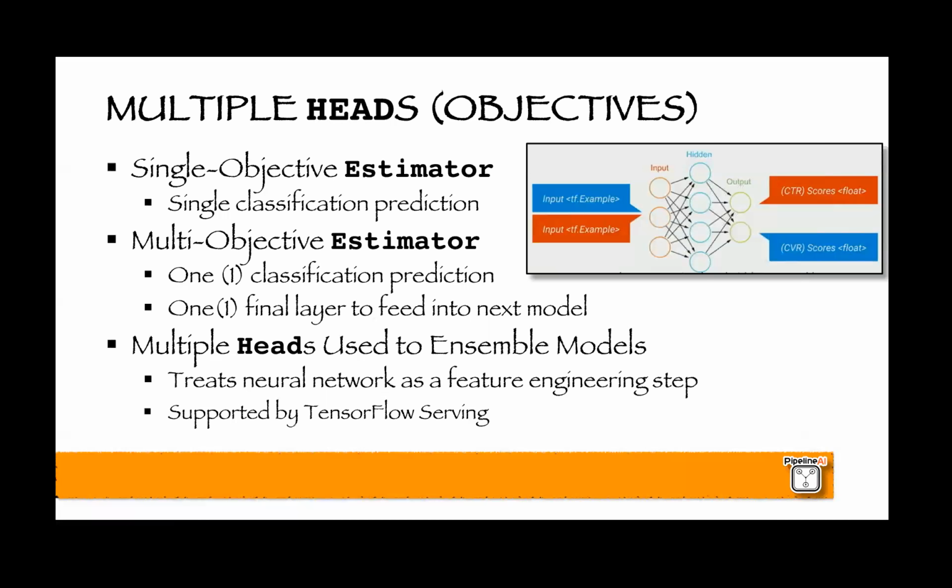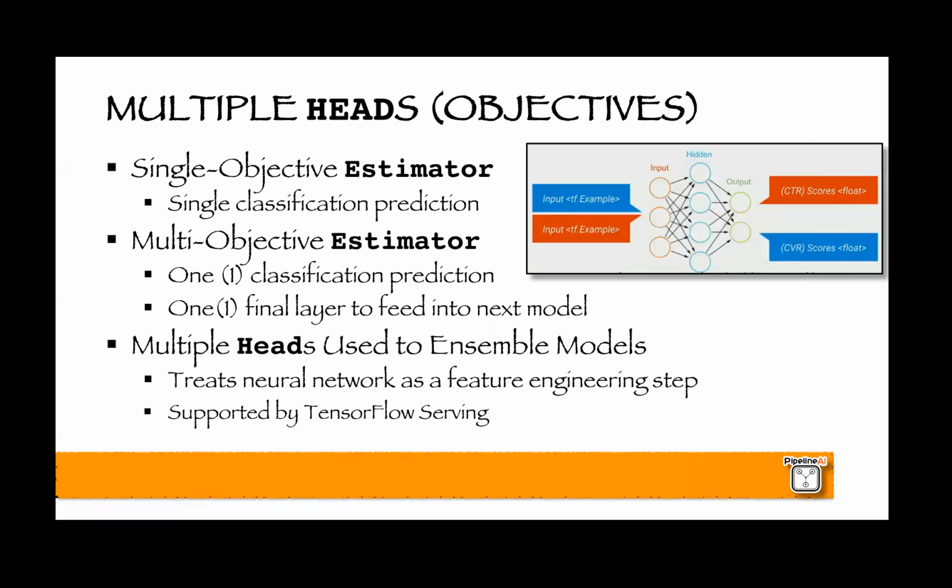So what you're doing is using this neural network as a feature engineering step, right? It's giving you a prediction, but also taking this human viewable image and converting it into a numeric representation and a prediction.